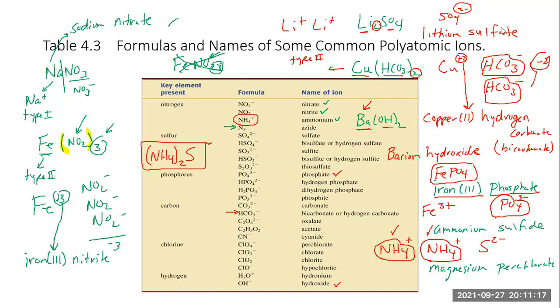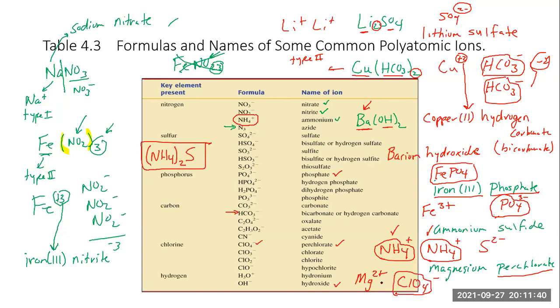Lastly, here we have magnesium, which is group 2, which means it has a +2 charge. Perchlorate is one of that group of 3 right here, which is ClO4 minus. This whole thing has a -1 charge.